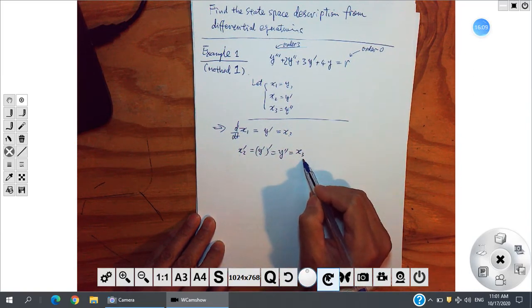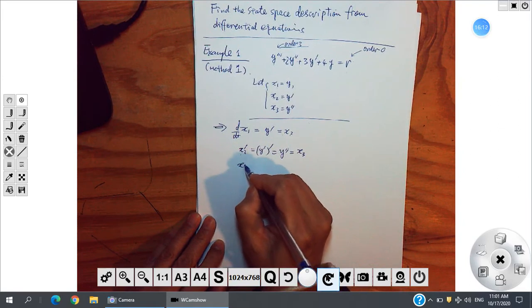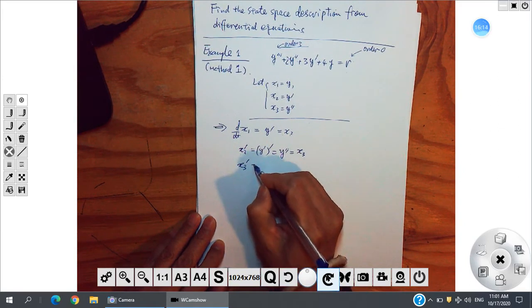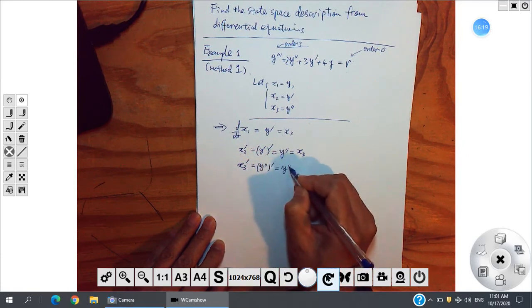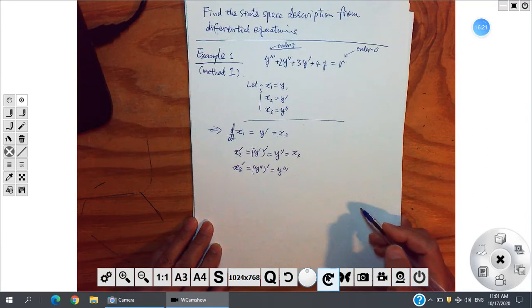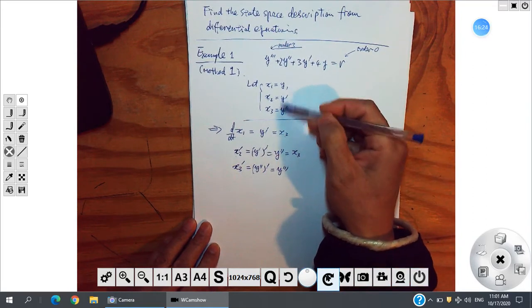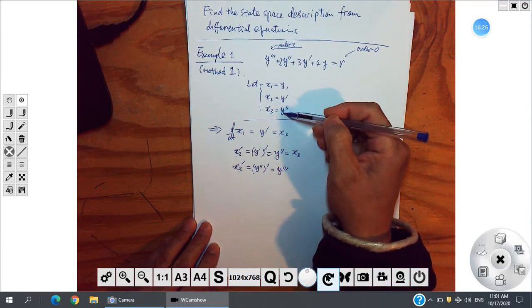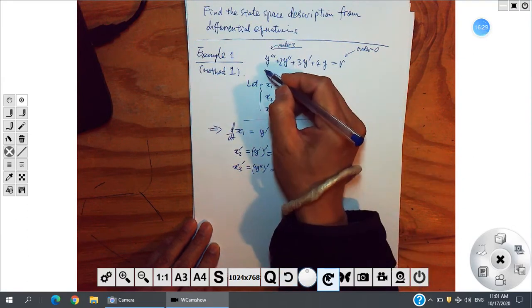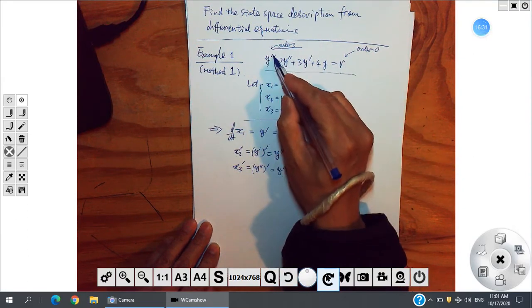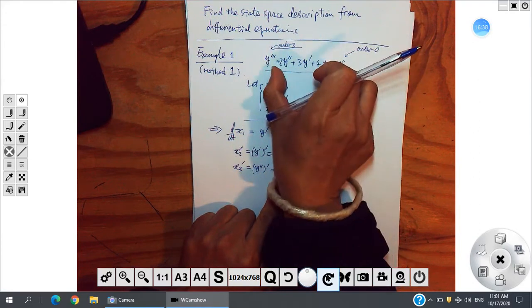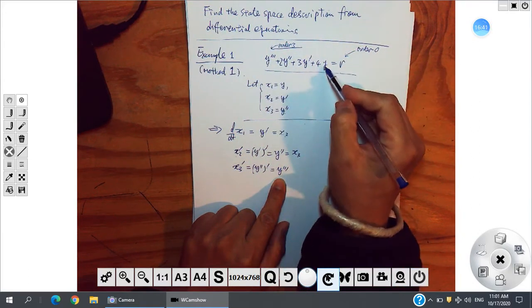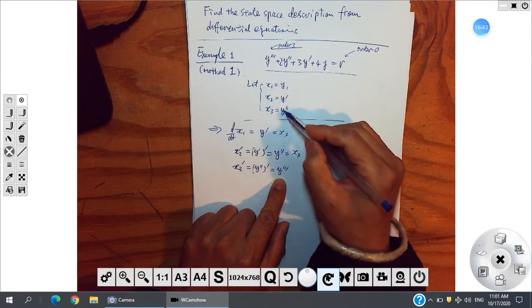And then the x3 derivative is y second derivative with one more derivative, which is y third derivative. This one you cannot use directly, because we do not have y third derivative in the state variables. But in the original equation, we have y third derivative here. So we just move this part to the other side and replace y, y prime and y double prime by x1, x2, x3.